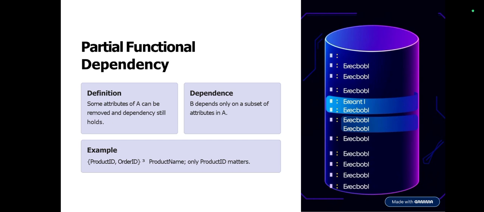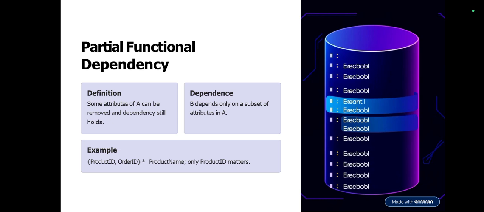Means, if an attribute depends on part of a composite key, it's a partial dependency. The example is product ID and order ID are determinants of product name. Only product ID matters. So only product ID is sufficient to determine product name.